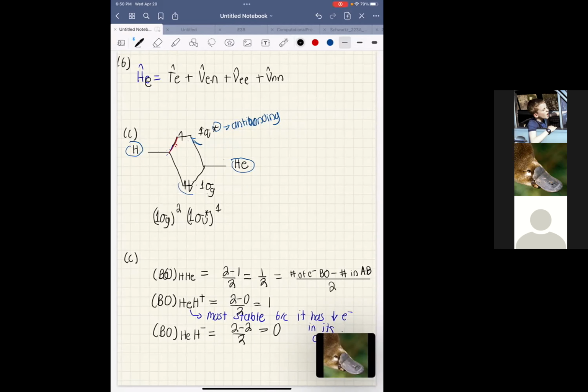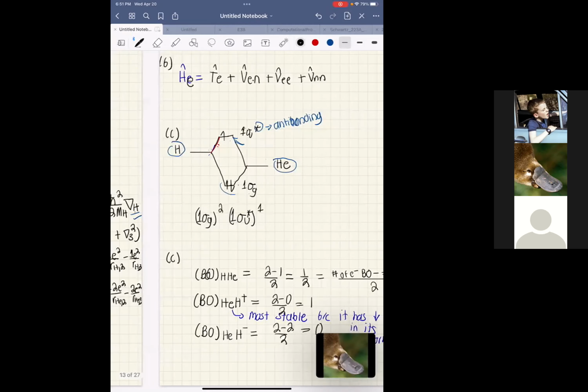So in this case, the number of electrons in the bonding orbital is 2, and in the antibonding it is 1. So you subtract, and you get 1/2. For HeH plus, there's 1 less electron in the antibonding, so there are no electrons in the antibonding, and it'll be 1. And then for the next, it'll be 2 minus 2. There are going to be 2 electrons in the antibonding for HeH minus, and that's going to be 0 for the bond order. So that's how you do bond order.